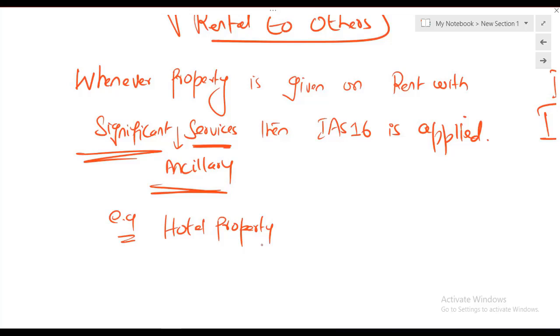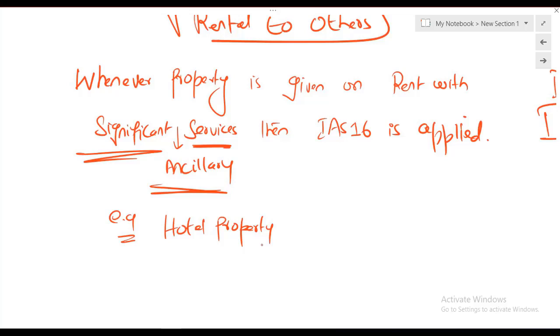So in a hotel, they're not just providing you the property; they're providing you the property with significant services. So when property is given on rent with significant ancillary services, then IAS 16 is applied.